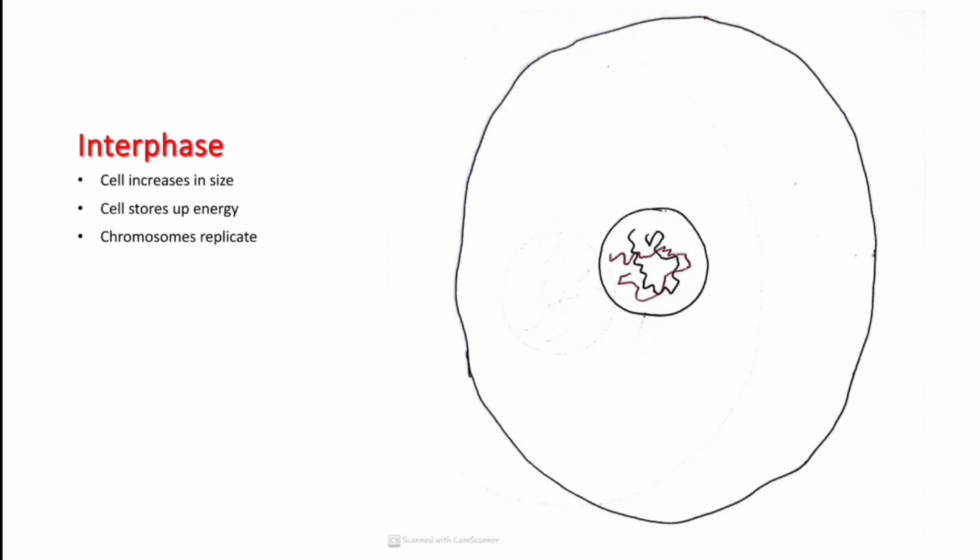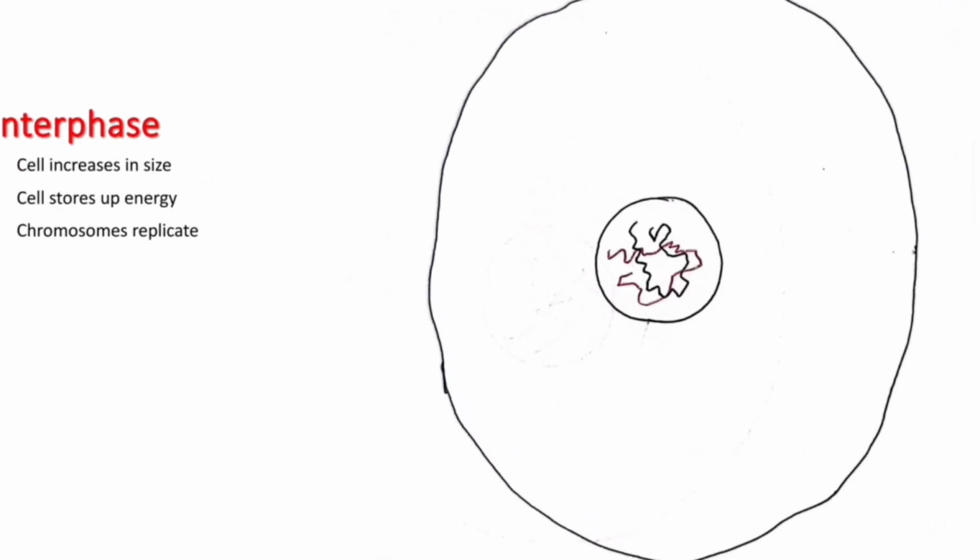The other thing that will happen is that a cell will store up energy, because the process of mitosis requires energy. And then chromosomes replicate. Let me zoom. These are the chromosomes that we're seeing. One is in red and the other one is in black.